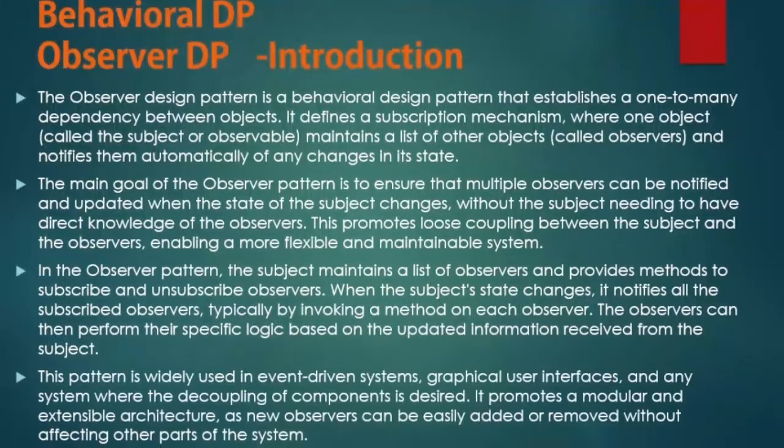This pattern is widely used in event-driven systems, graphical user interfaces, and many systems where the decoupling of components is desired. It promotes a modular and extensible architecture, as new observers can be easily added or removed without affecting other parts of the system.